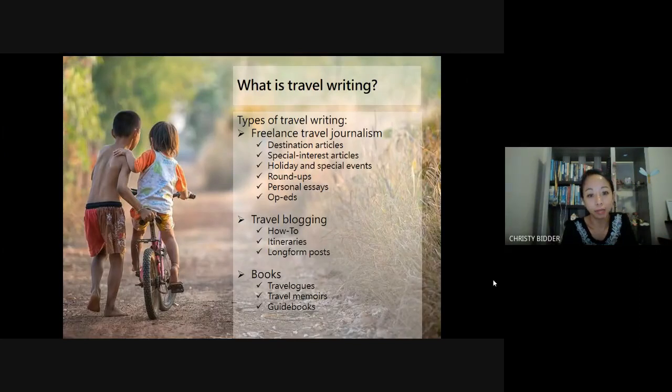Ladies and gentlemen, here are the different types of travel stories or travel articles that you can possibly write. In general, there are three distinct categories of travel writing: freelance journalism, blogging, and book writing. Their contents can overlap.